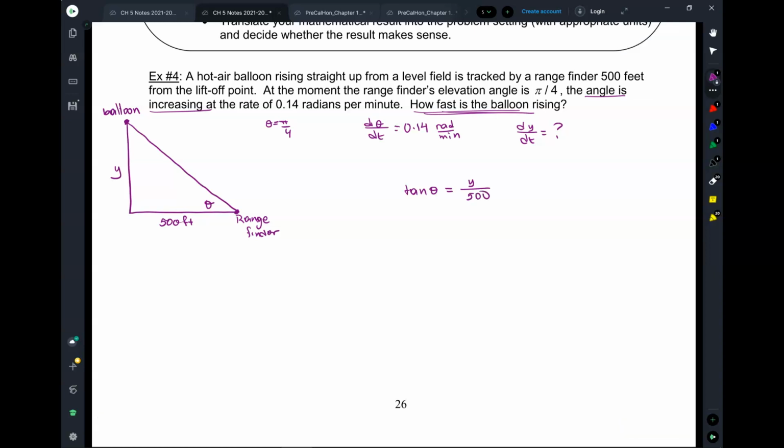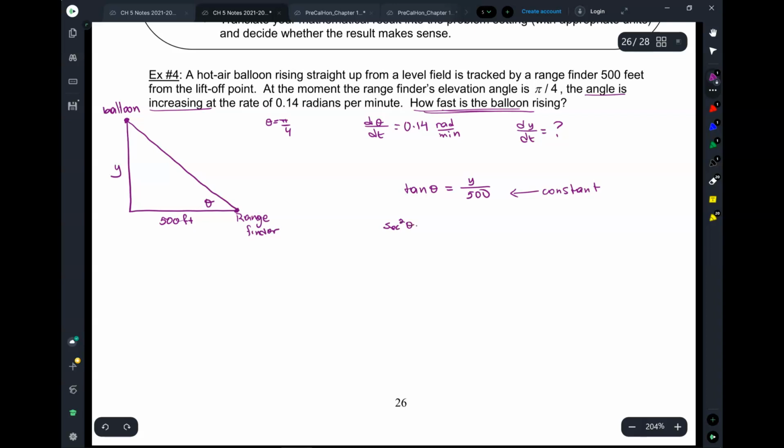Is this 500 changing? It's not, right? This is a fixed thing on the ground. It's not a variable that will be changing. That's why I didn't say y over x. I did y over 500 because it's a constant. All right, let's take a derivative.